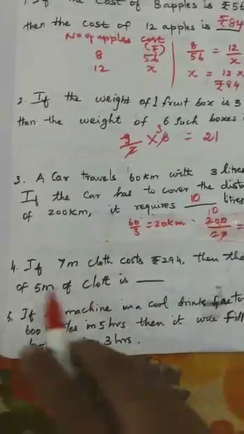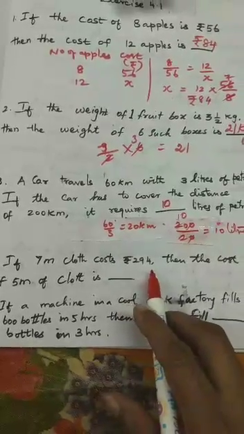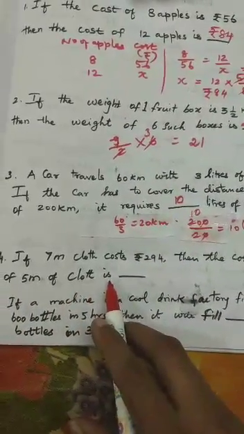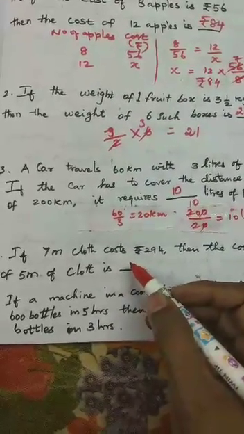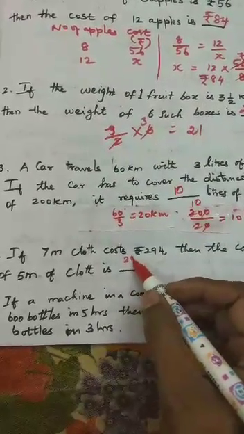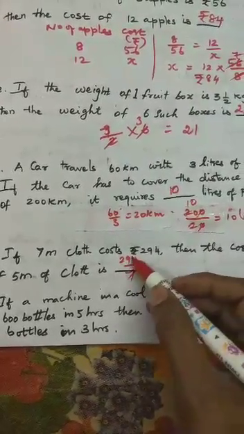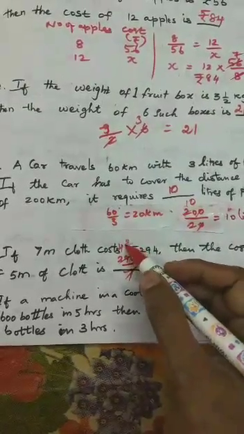kilometer. Okay. Then if 7 meter cloth costs rupees 294, then the cost of 5 meter of cloth is, yes, you have to find for 1 meter cloth. How much rupees? 294 divided by 7. 7 4s are 28. Then remainder 1, 2 times.